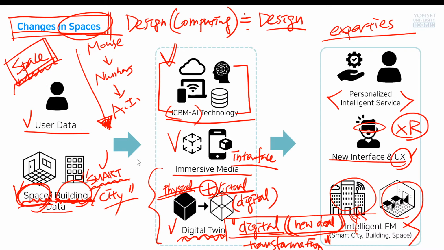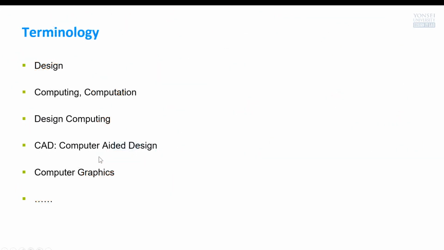In this background, let's take a look at what I introduced at the beginning of this class, for wrapping up purposes. Terminology: design computing, design computation, CAD, computer graphics. These are commonly used terms in this domain. But actually we don't need to say computing, digital, computer aided, something.